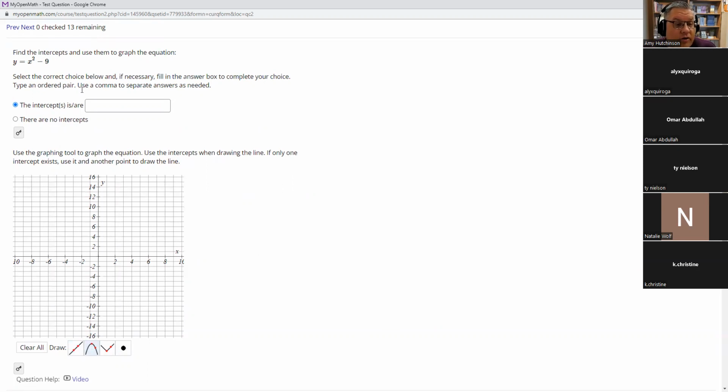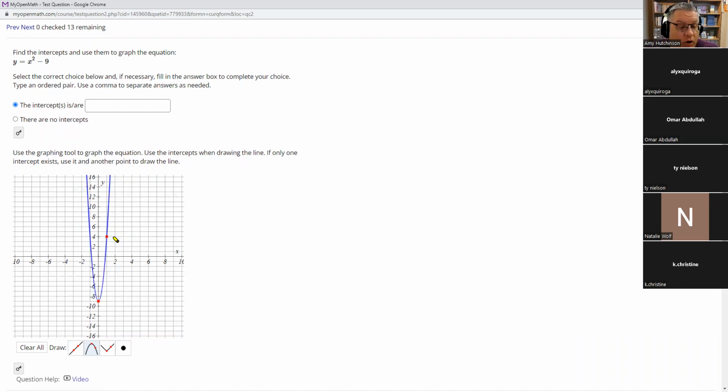Now, for instance, this one right here, you would click on one of the points like this. If you were to find the intercepts on that, if you put a 0 in for the x, you would get -9 for the y. So down here at -9, there would be 1 point.